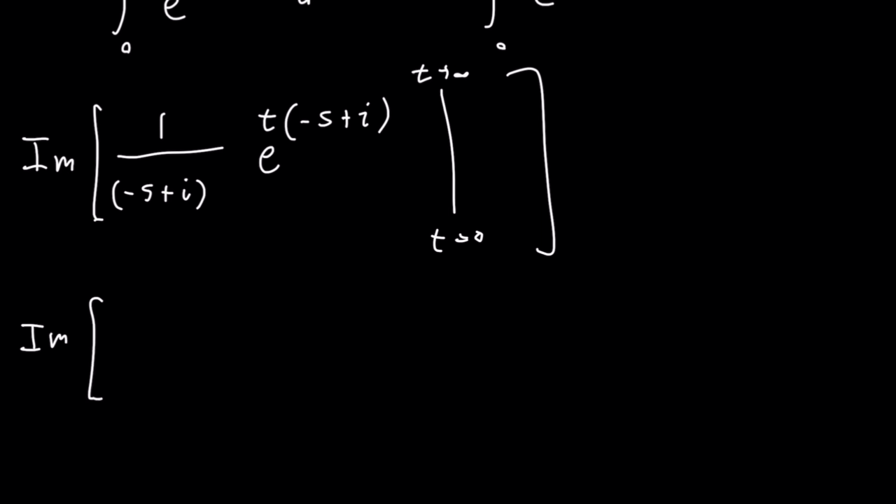And from here, we're going to multiply both numerator and denominator by negative s minus i.